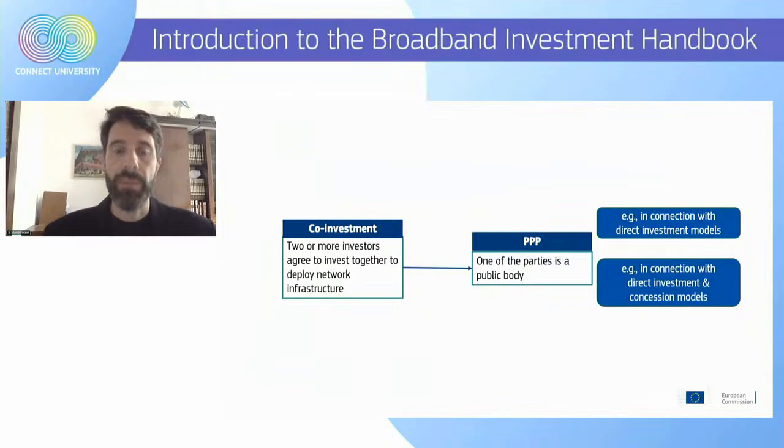And PPP is a special type of co-investment in which one of the parties is a public body. And this PPP can be done, for example, in connection with a direct investment model.